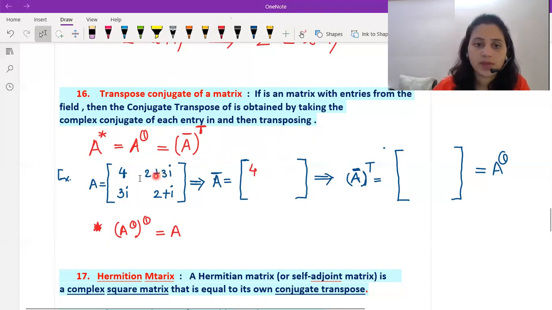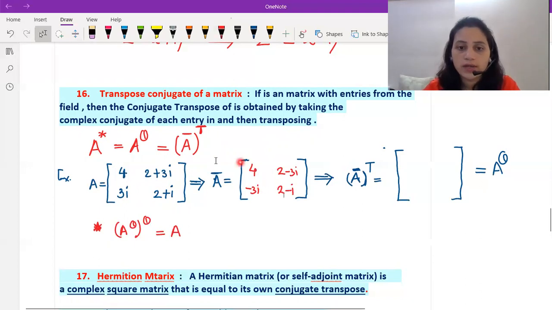The complex conjugate of this number is 2 minus 3i. Now complex conjugate of 3i is minus 3i, and complex conjugate of 2 plus i is 2 minus i, right? So this is our A bar. That means conjugate of a matrix. Now transpose conjugate of a matrix. So we are going to transpose this matrix. That is, transpose is nothing but interchanging rows and columns.